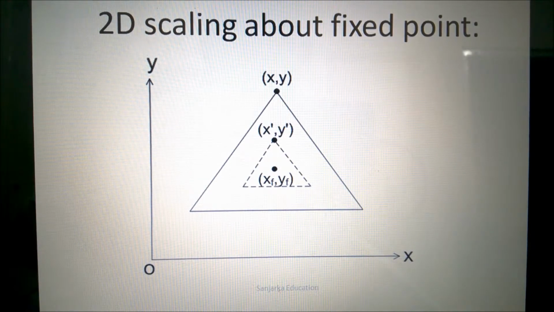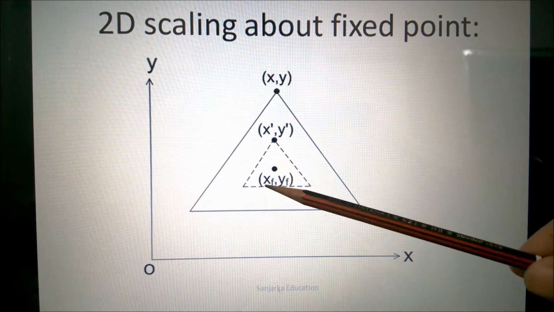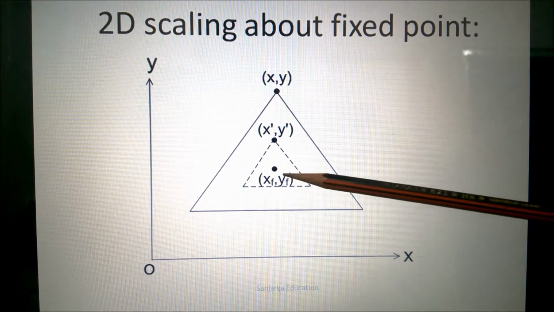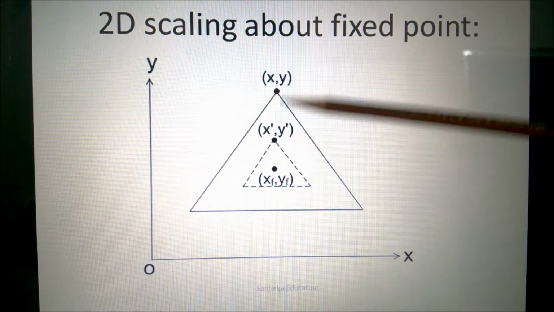Now we'll discuss two-dimensional scaling about a fixed point. What does it mean? First we have to understand. There is a point, in this case denoted by xf, yf, and that point will not be moved, it will remain fixed after scaling.